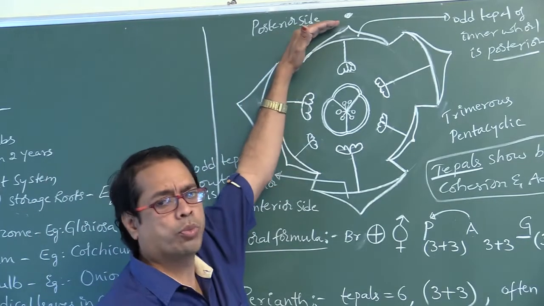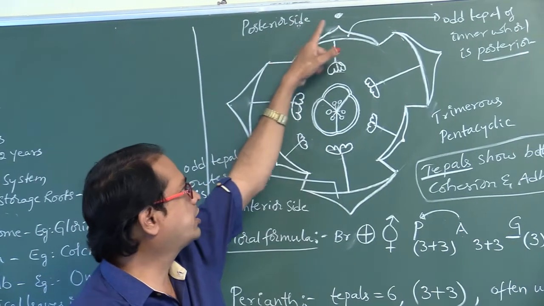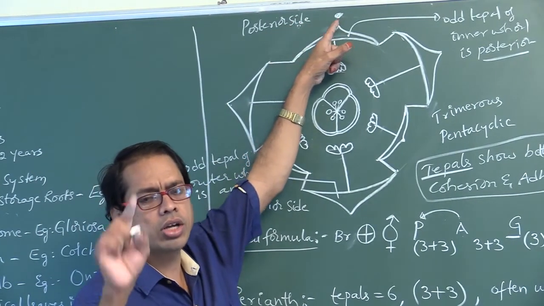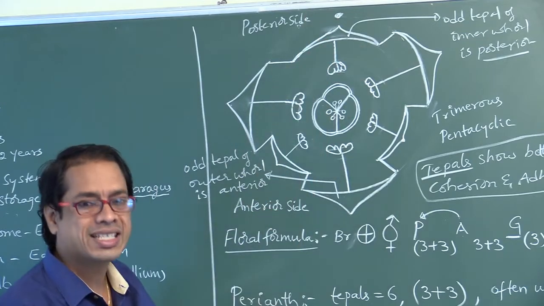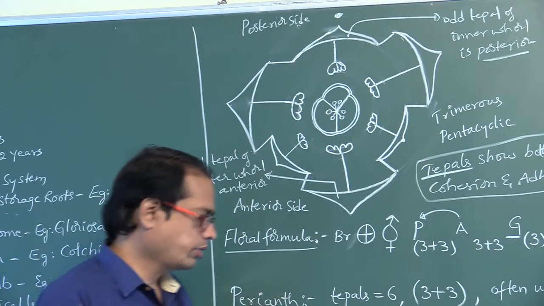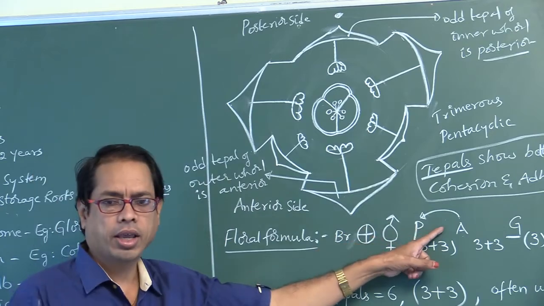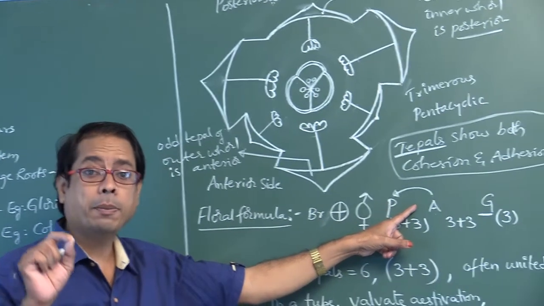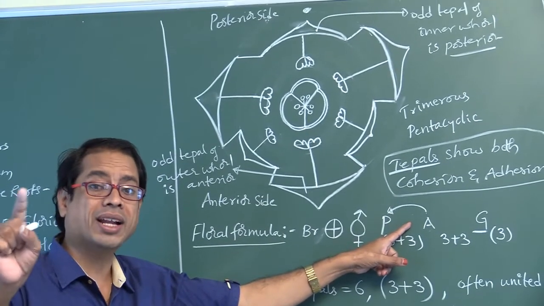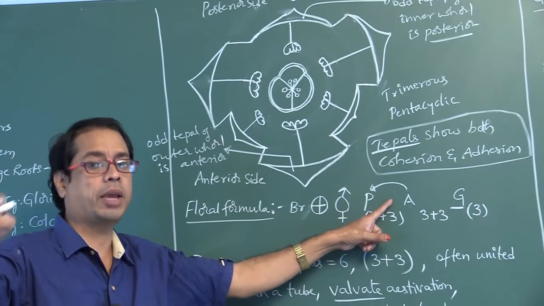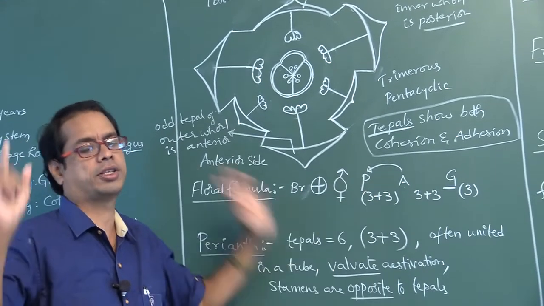This side is the so called posterior side. Posterior side is represented as a dot or circle. So these are the few important epitepalous conditions present. Epipetalous is found in Solanaceae. Epitepalous is found in Liliaceae.